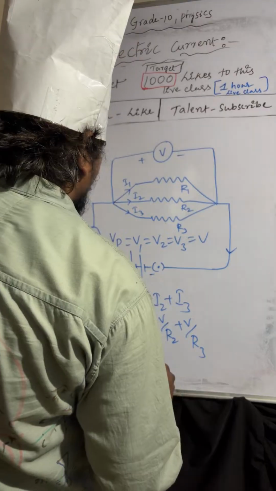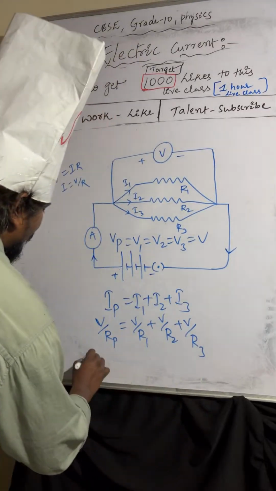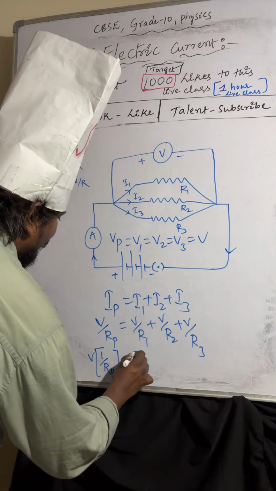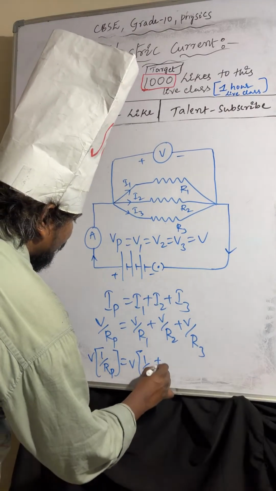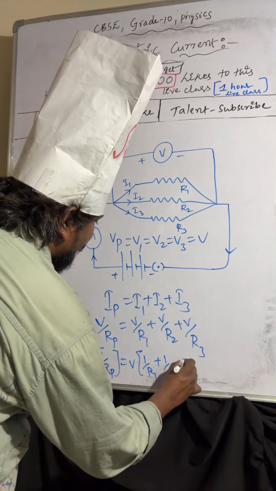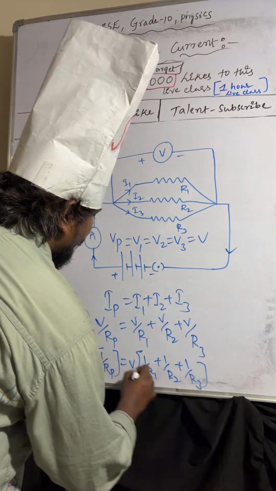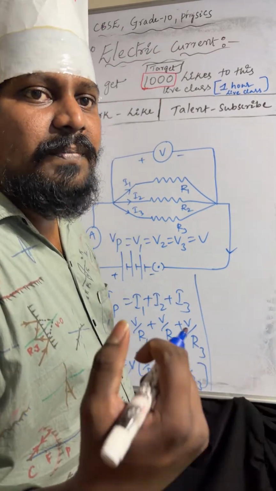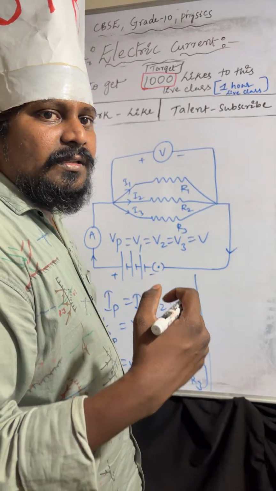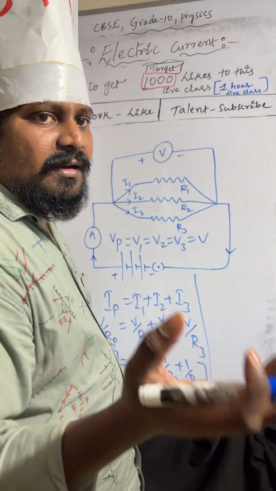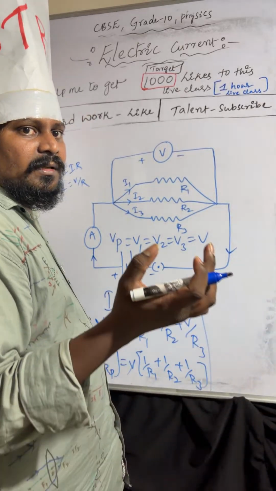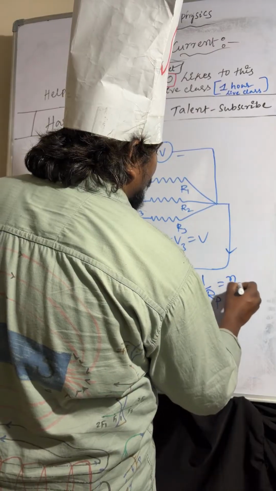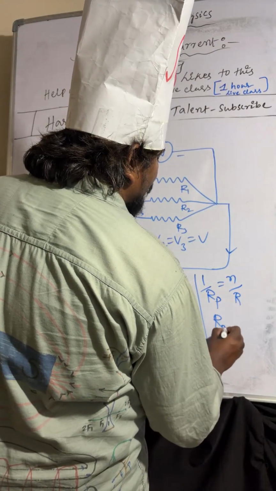Now we take V common. So 1 by R_p equal to 1 by R1 plus 1 by R2 plus 1 by R3. So if n number of resistors are connected in parallel combination, then 1 by R_p equal to n by R, R_p equal to R by n.